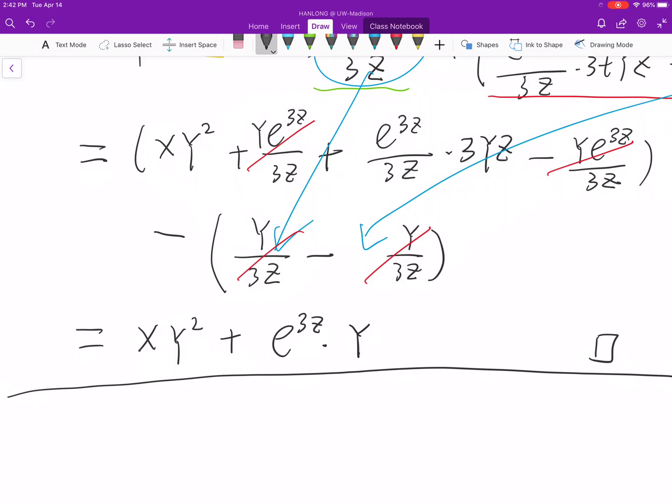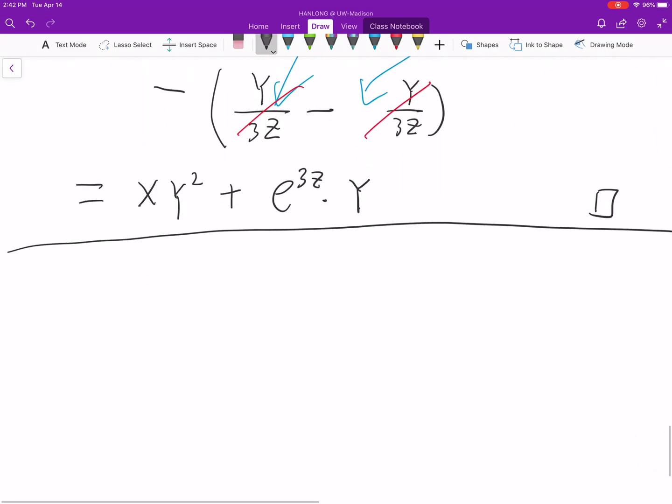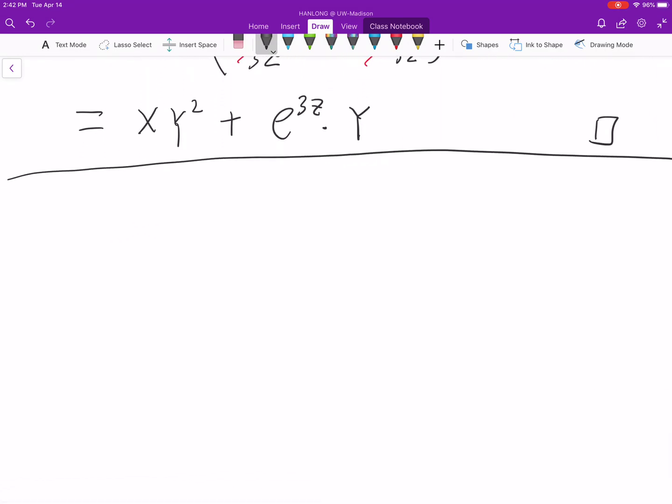Okay, and next we want to turn back to 2D. We finish up the general formula for finding the potential function for a conservative vector field. Now we turn back to 2D.